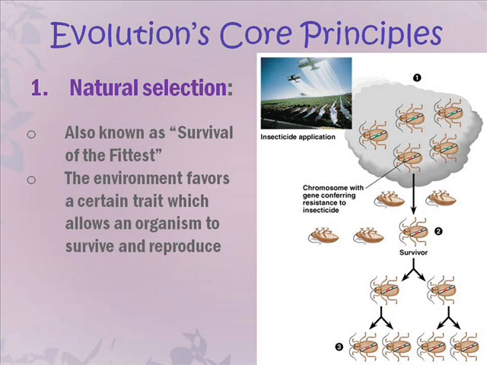So here you have a picture of some pests, and as planes fly over, crop planes, and they dust the fields with pesticide, there always seems to be one little survivor that has just the right DNA. So now all of a sudden the environment is going to favor that little bug, which can go on and reproduce and cause even more problems for the farmer down the road. That's natural selection.